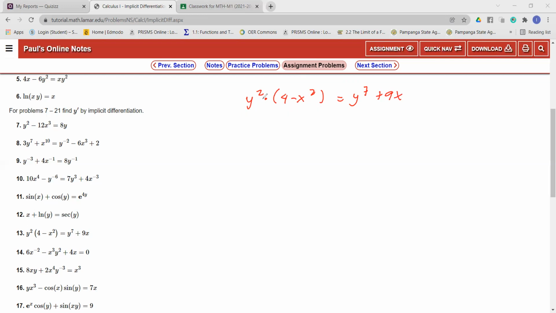So, again, the derivative of the first will be 2y multiplied to (1 minus x squared). Kaya, again, mayroon siyang y prime, kasi nga kinuha mo yung derivative nito na y. So, the derivative of the first times the second, plus the derivative of the second. Derivative nito ay negative 2x, kasi nga derivative ng x squared.